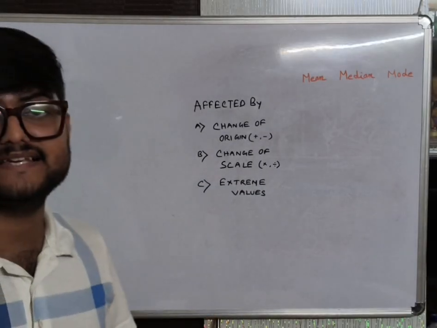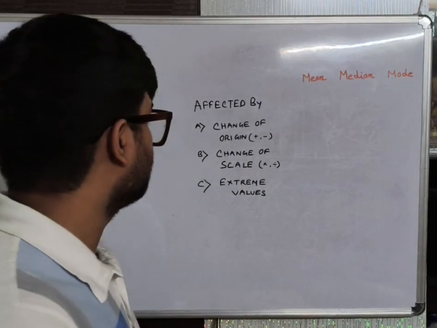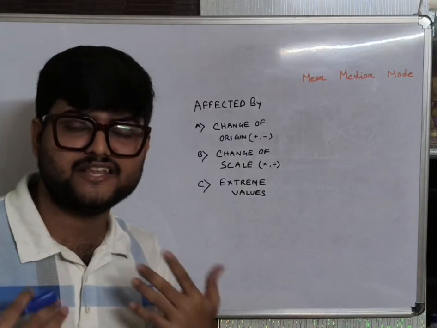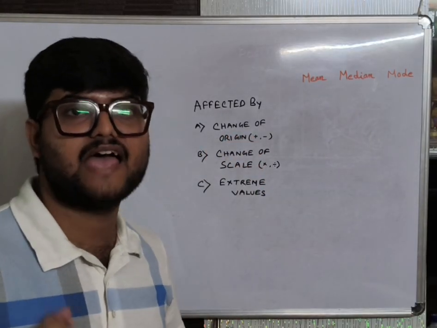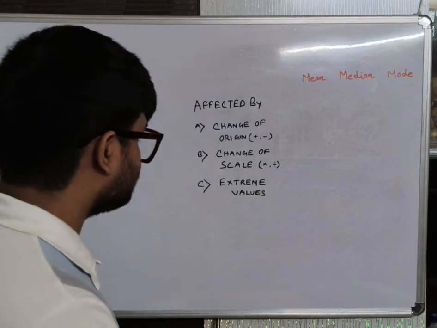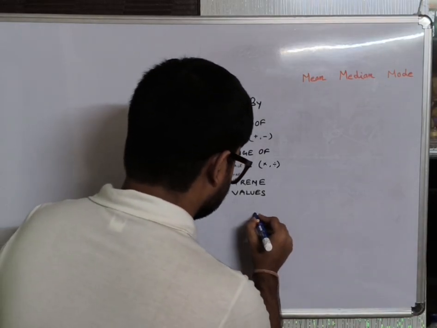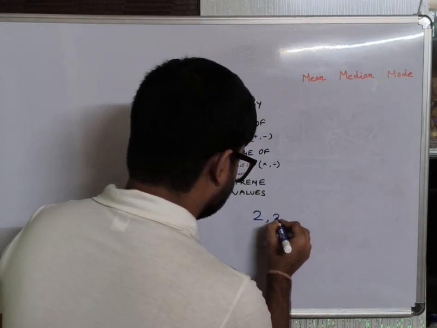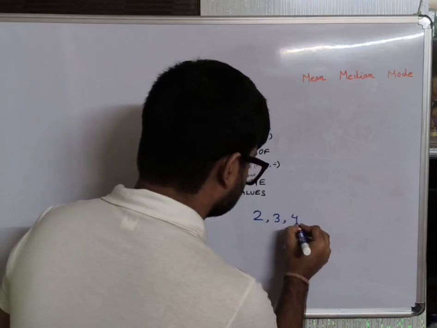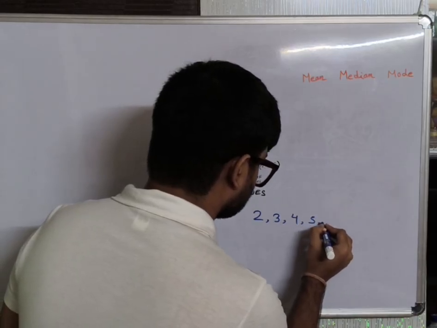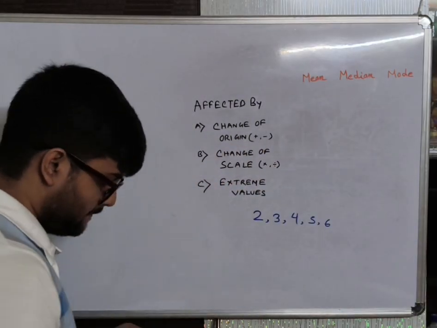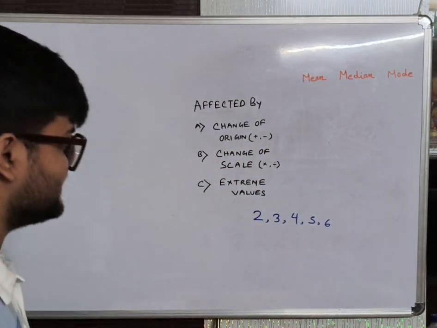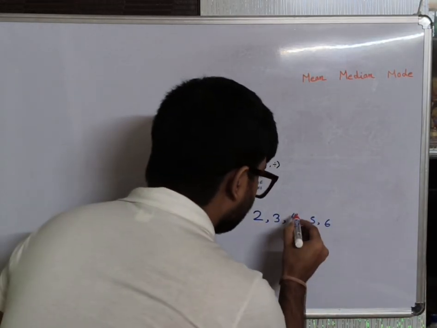Now we will see the things that affect mean, median, mode. First of all, if we change the origin, that is, if we add or subtract something to the values of the data set, let's say a data set having these values. Okay, here in this data set the mean would be 4.